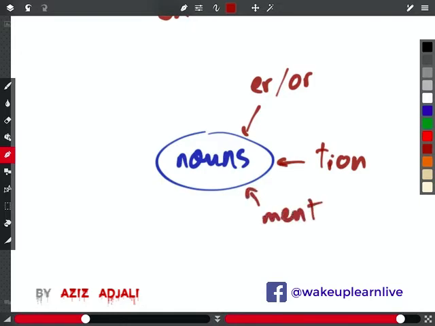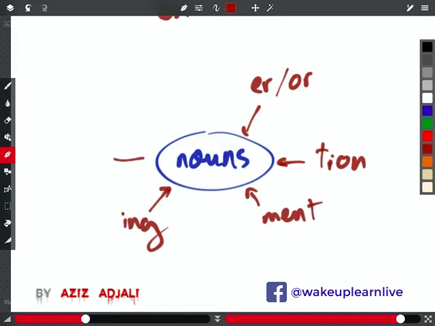If we add the suffix ment to a word, it becomes a noun. So enjoyment, achievement, advancement, replacement, development, all of these. We have ing. If I add the ing to a verb, it becomes a noun. For example, reading, developing, swimming, meeting, feeling, all of these.